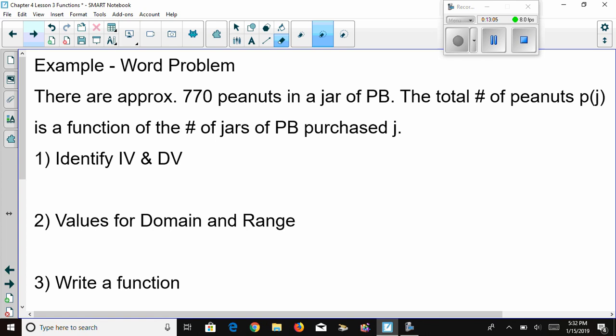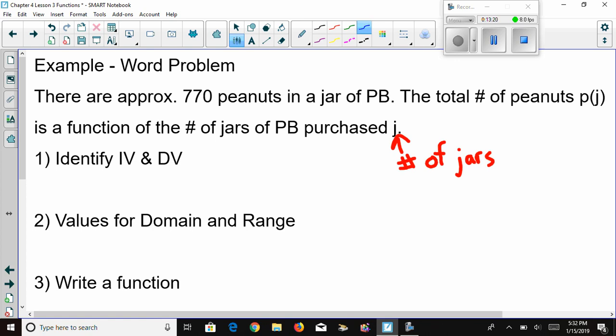So it's told us a few things. J represents number of jars. And we already have our function, or at least what we're calling it, P of j.